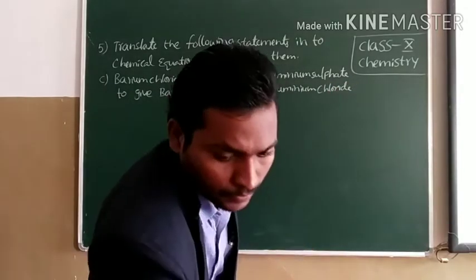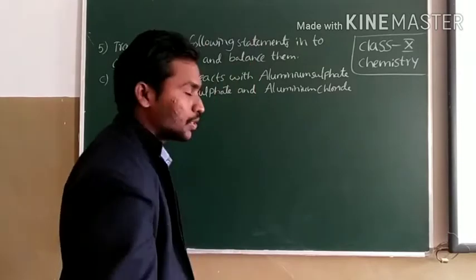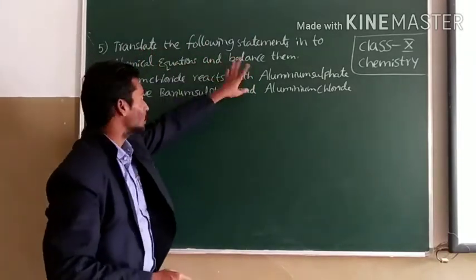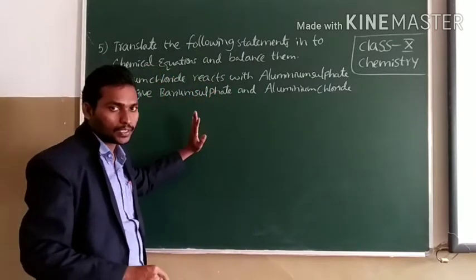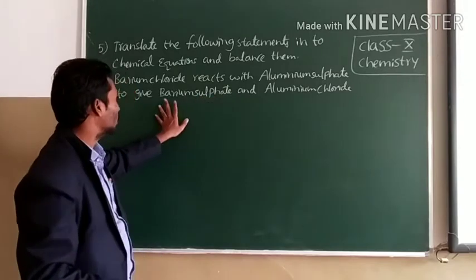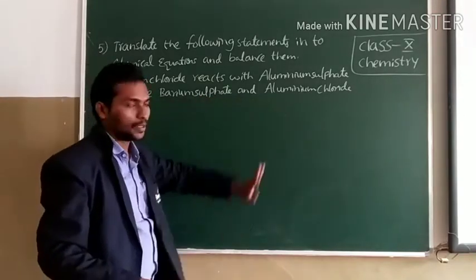Here the question is: translate the following statements into chemical equations and balance them. Barium chloride reacts with aluminum sulfate to give barium sulfate and aluminum chloride.